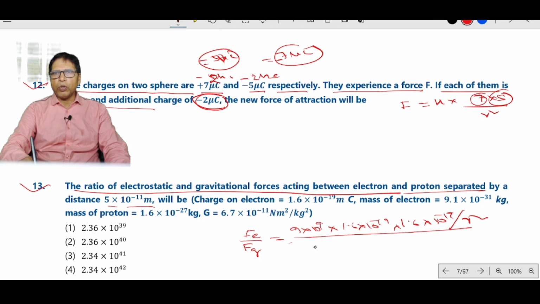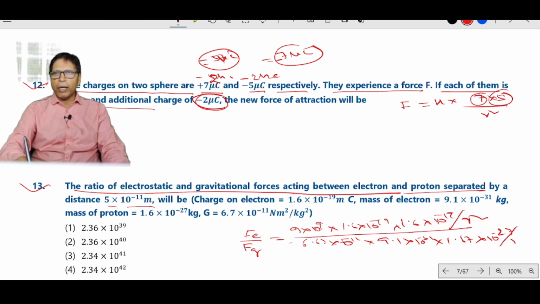Now the gravitational force is 6.67 into 10 to the power minus 11, mass of electron 9.1 into 10 to the power minus 31, and mass of proton 1.67 into 10 to the power minus 27.